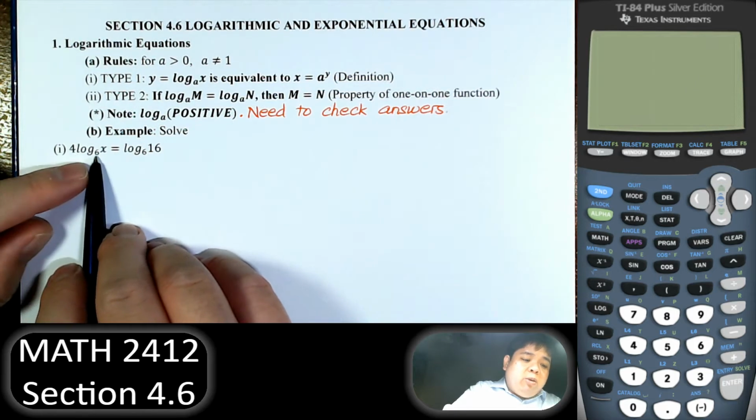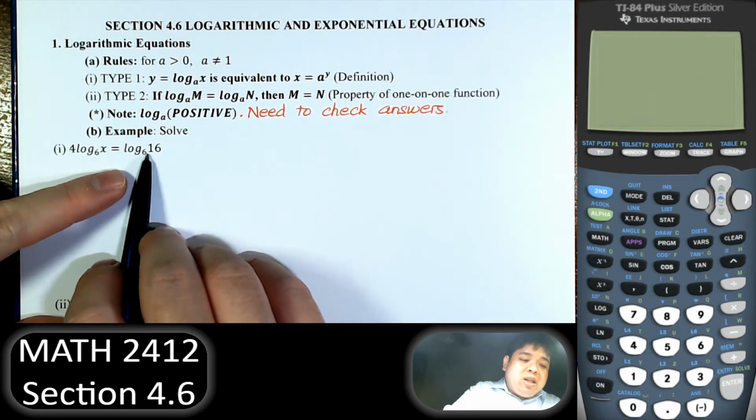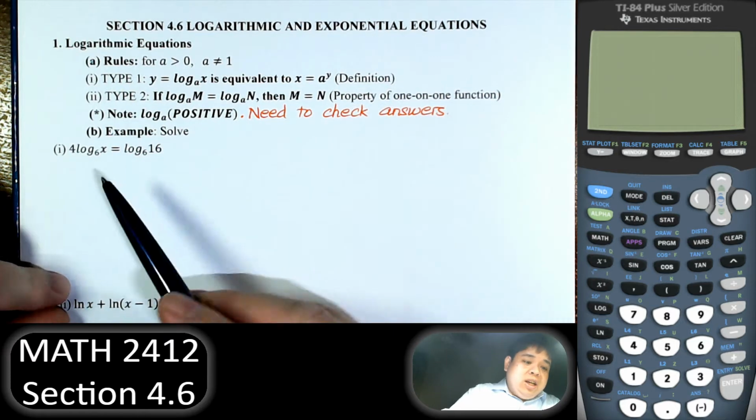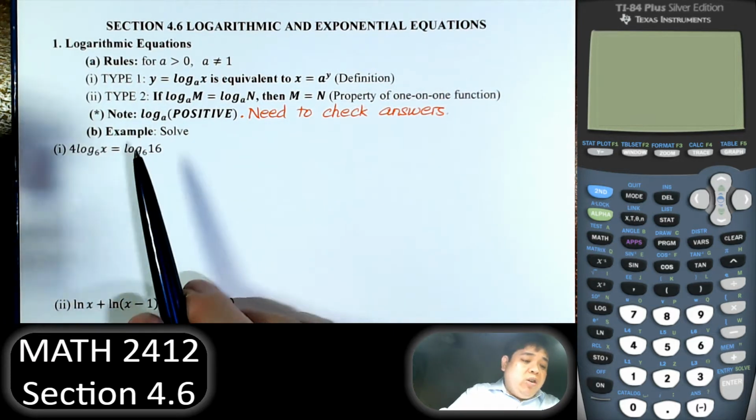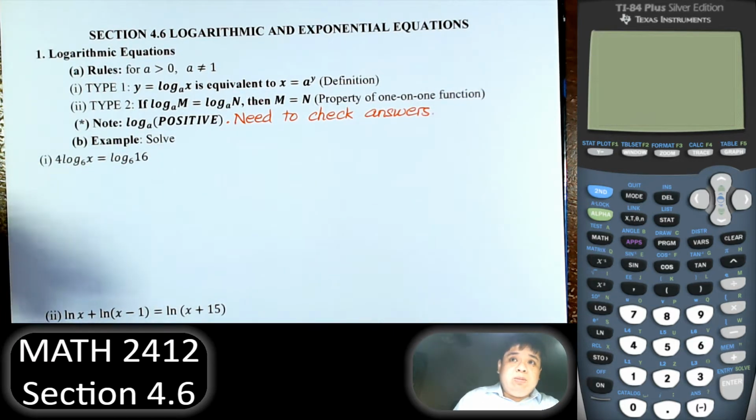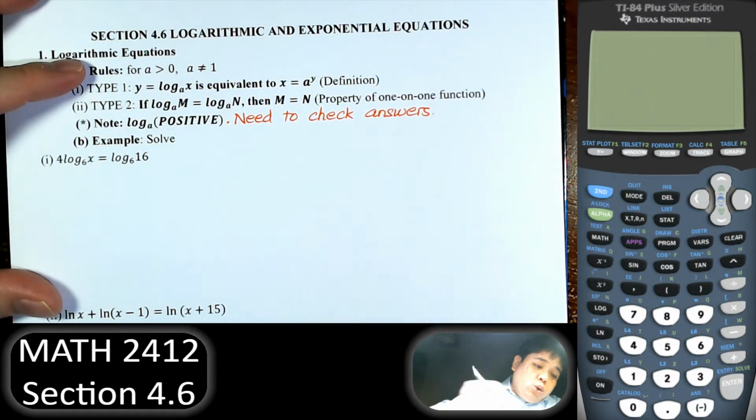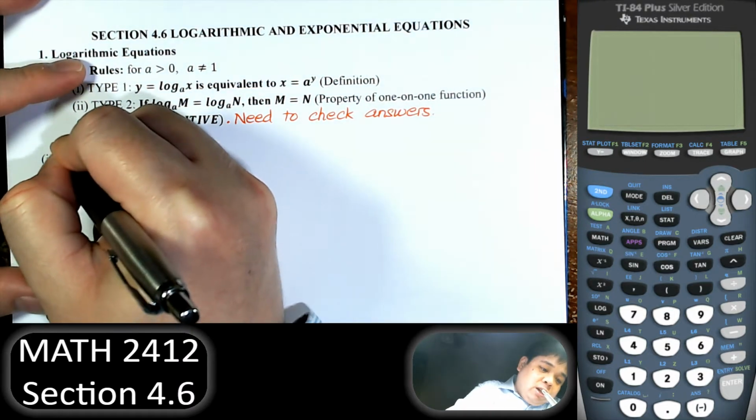For log base 6 of x equal to log base 6 of 16, what we see here is a log here and a log there. We don't have any constant by themselves. So in that case, we have one log on each side, and then the logs cancel out. To do that, first we can take the 4 inside.